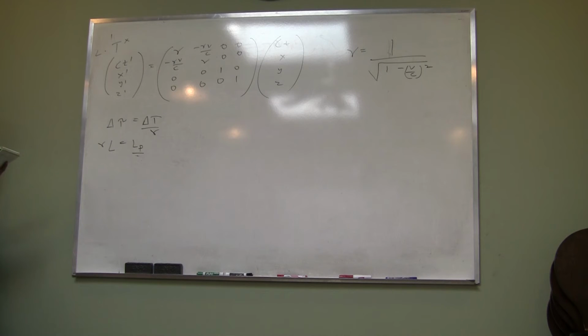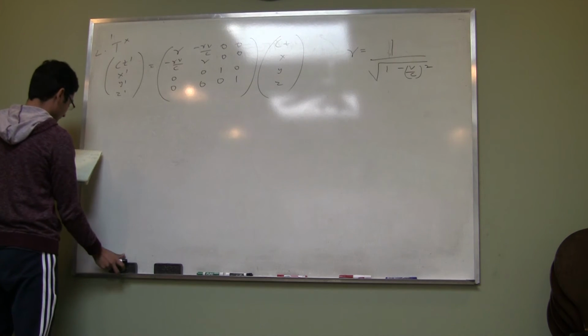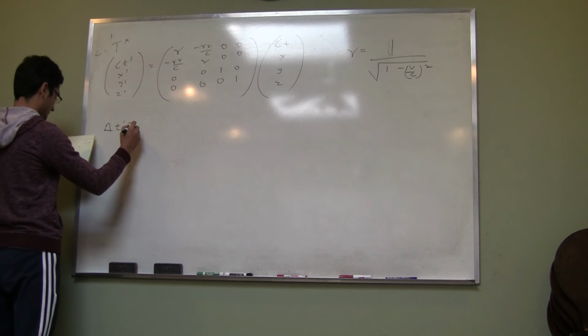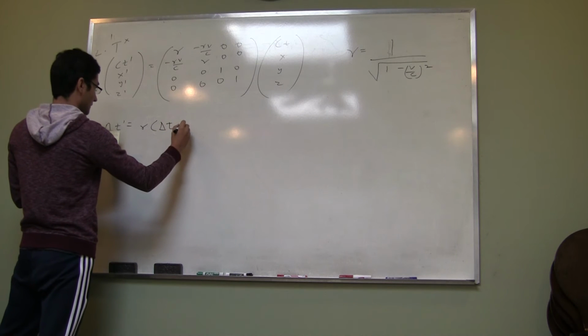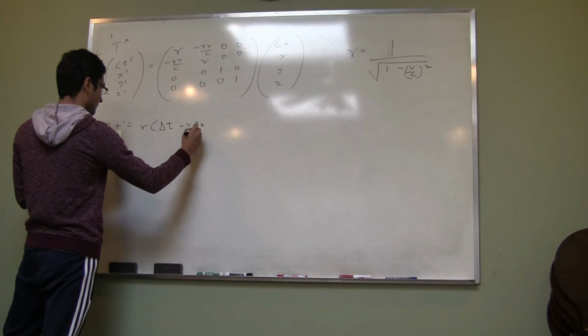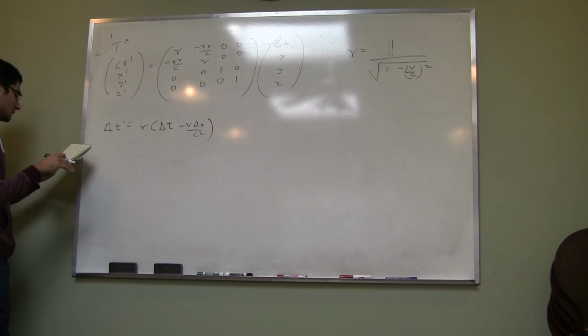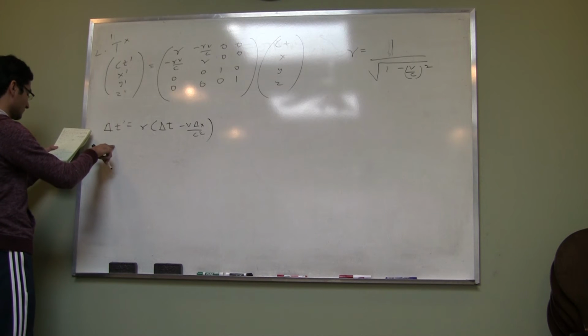So two events occur simultaneously in the S frame. Why is there a relativity of simultaneity according to the formulas? According to the formula, delta t prime is gamma times delta t minus v delta x by c square. This is the transformation. If two events occur simultaneously in frame S, then delta t equals 0.